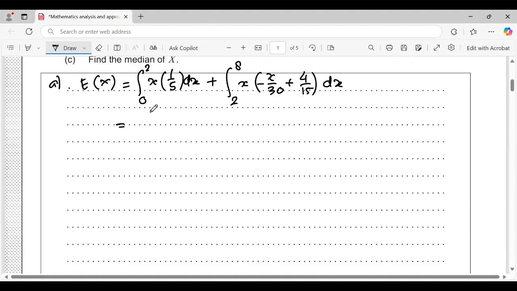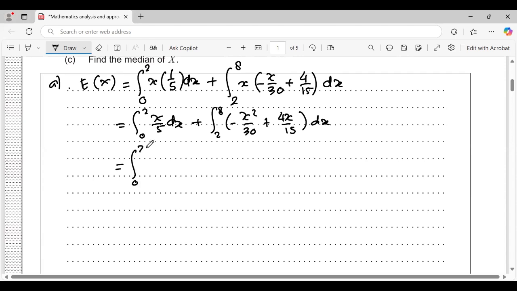So it becomes the integral from 0 to 2 of x over 5 dx, plus the integral from 2 to 8 of minus x squared over 30 plus 4x over 15 dx. And let's find the integral of this expression.